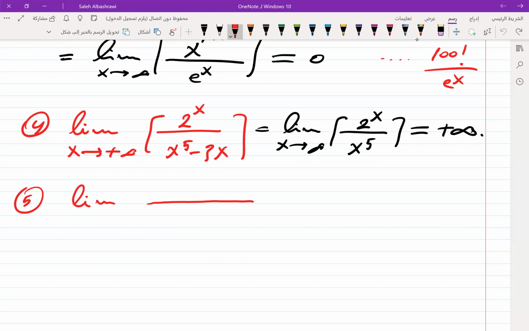Let me take this one. The limit of tangent x divided by 1 over x minus pi over 2, where x goes to pi over 2.